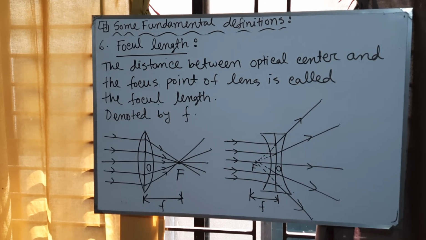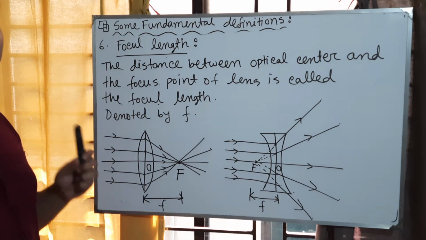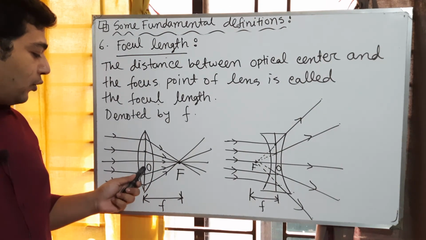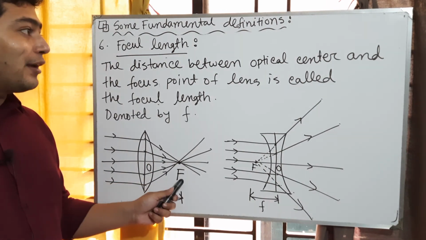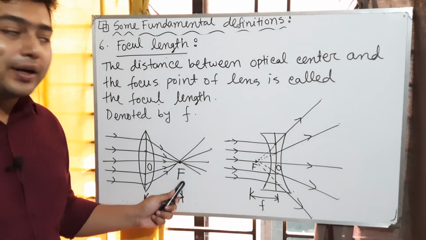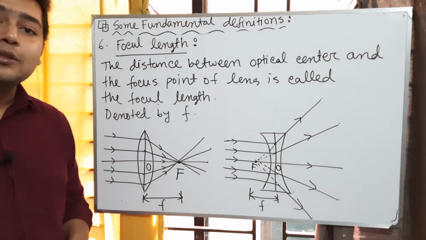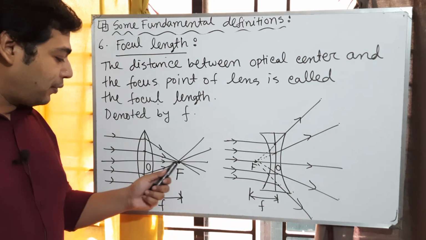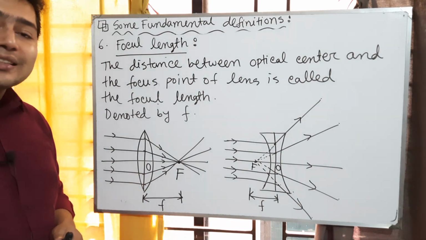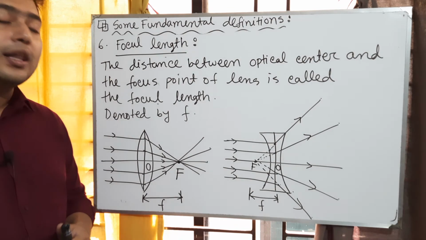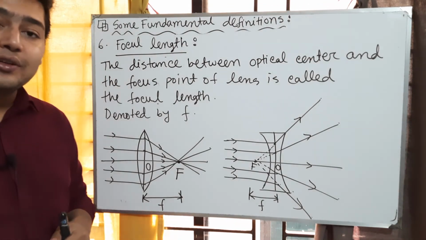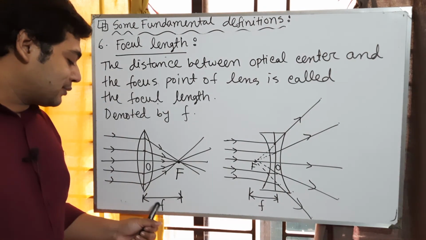Here is our last definition, and that is focal length. The distance between the optical center and the focus point of the lens is called focal length. Here O is the optical center and F is the focus point. Focal length is denoted by small f.